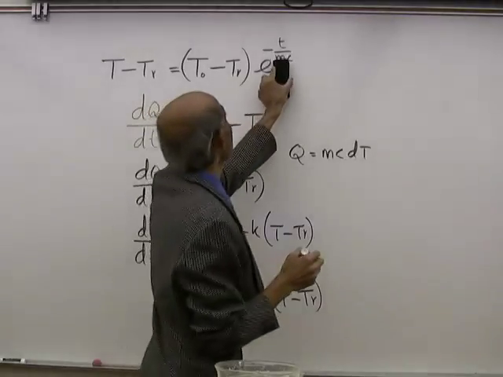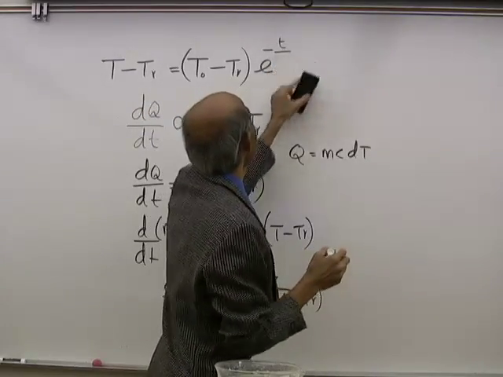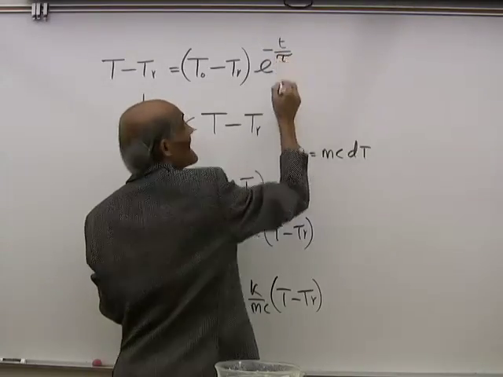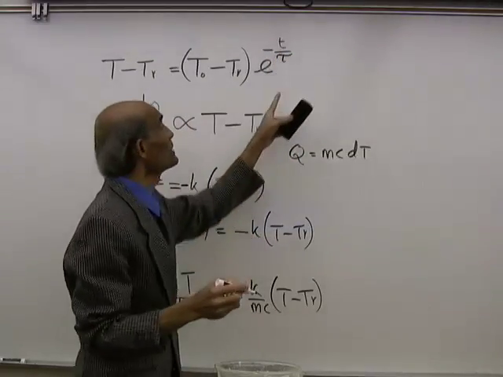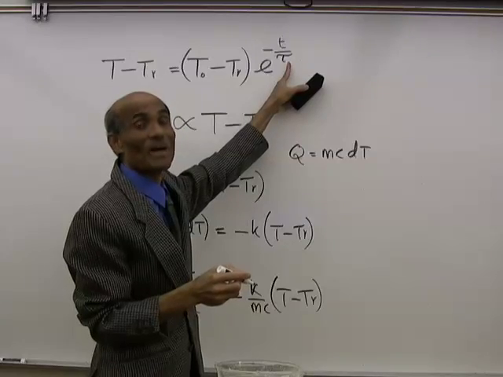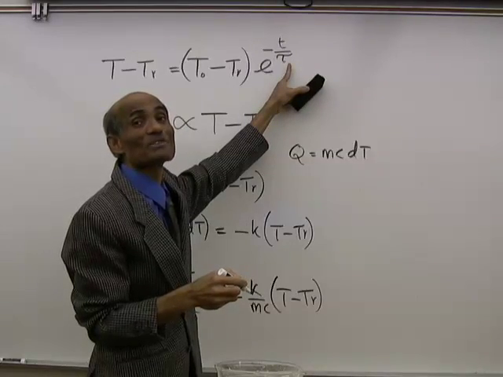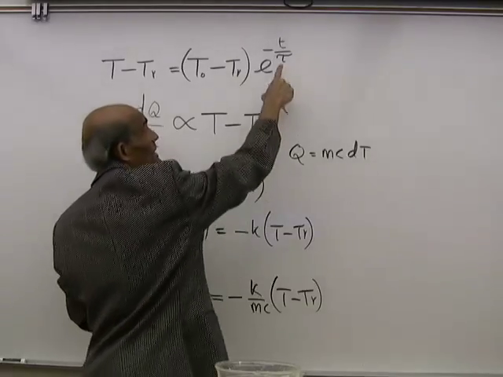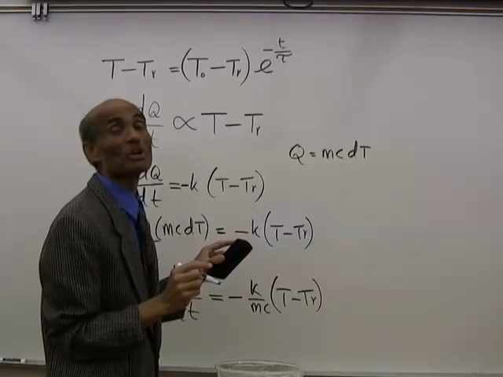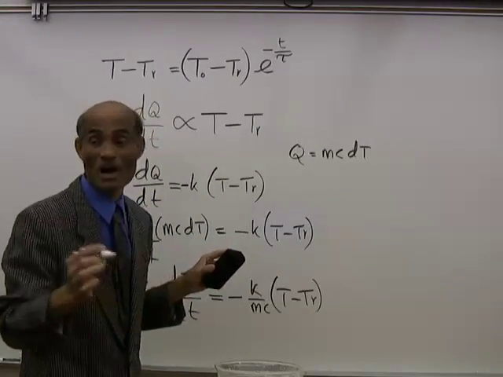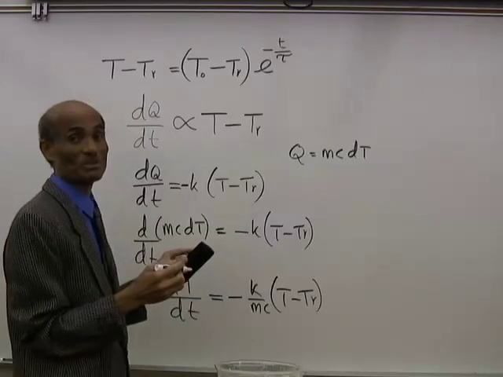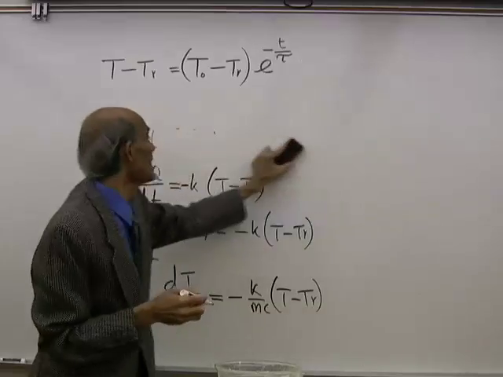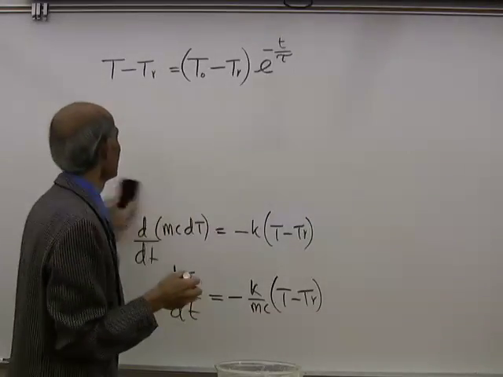And I'm going to replace that m c over k by another constant. I'm going to write it as tau. And it is this tau that is called the time constant of the thermometer. And in our experiment, we will determine the value of tau for each of the thermometers. Okay, let me take this away.